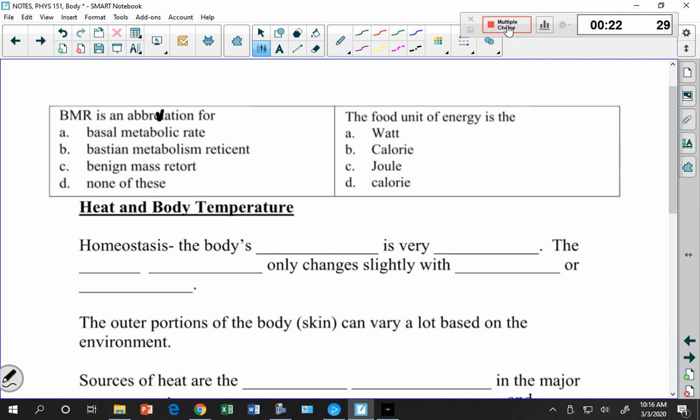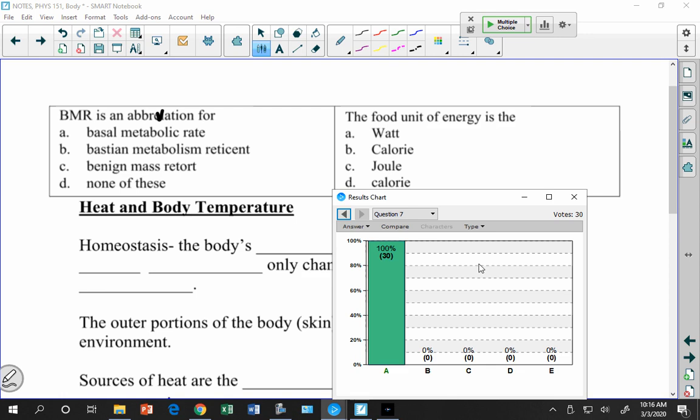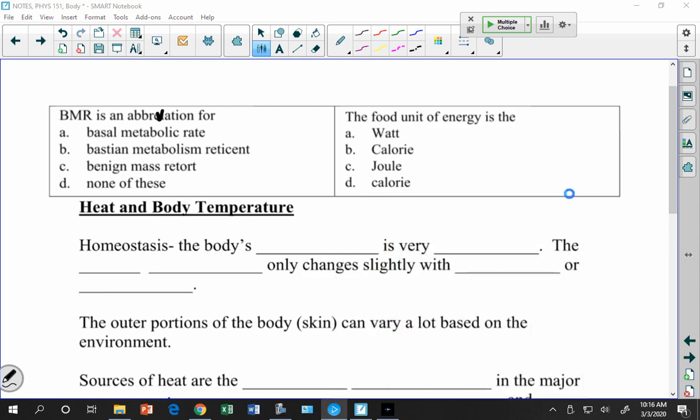Let's stop at 28. Okay, very good. 100%. That was on the quiz, right? It's basal metabolic rate.